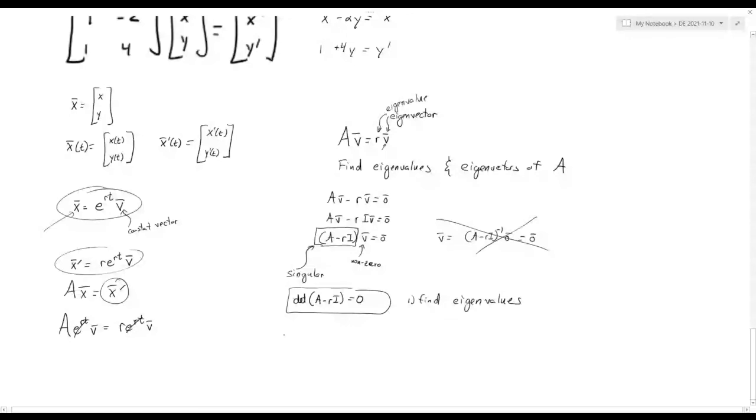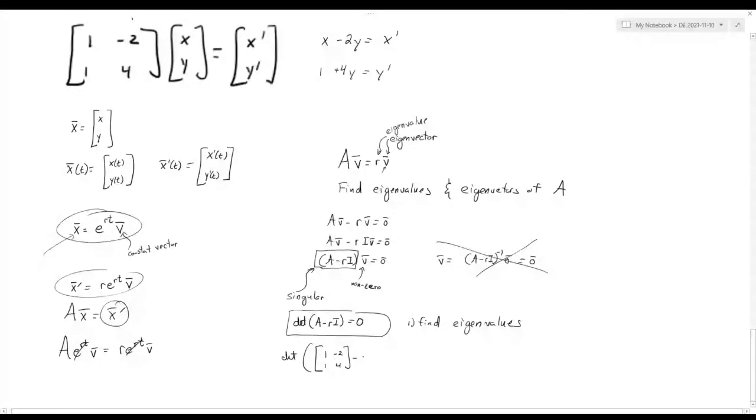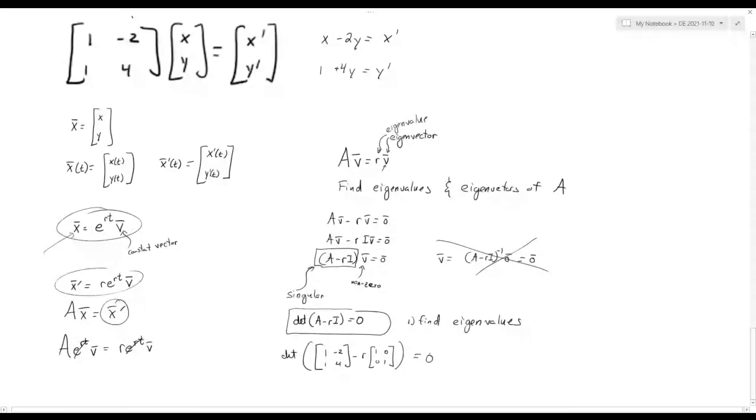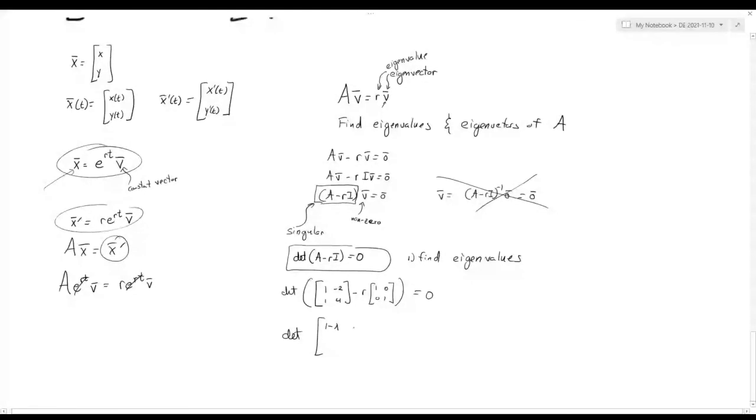So we have the determinant of matrix A minus r times the identity, and we want that determinant to be 0. So you're essentially subtracting r from the diagonal entries. Oops, I should have used lambda.